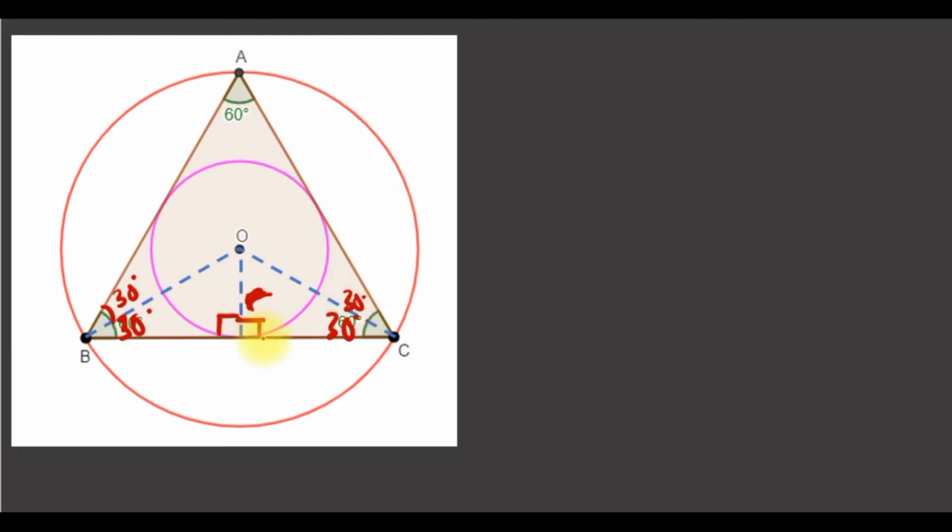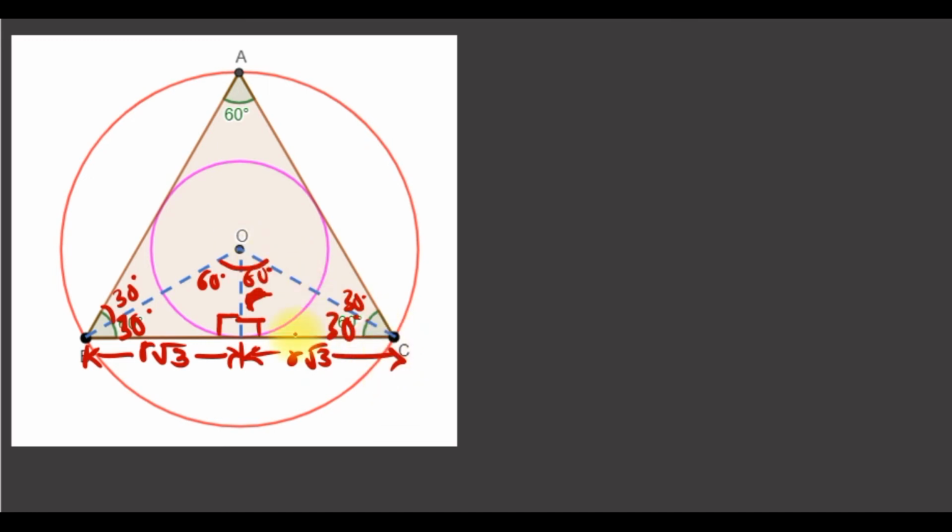So we form a 30, 60, 90 triangle. The theorem is easy to understand: if you are given a side opposite 30 degrees, the one opposite 60 is just R times root 3. So the side times root 3, I'm saying from here to here, is that. In that same way, this is R times root 3.